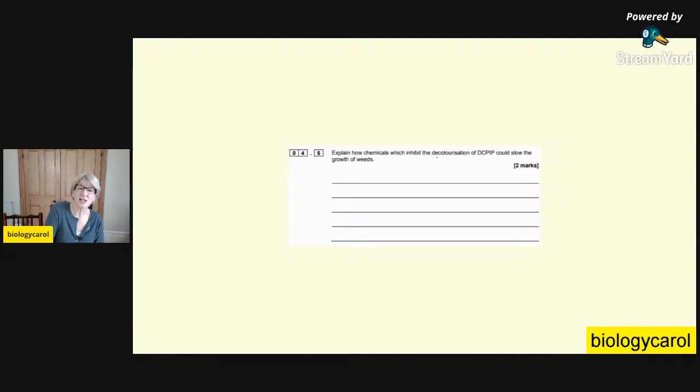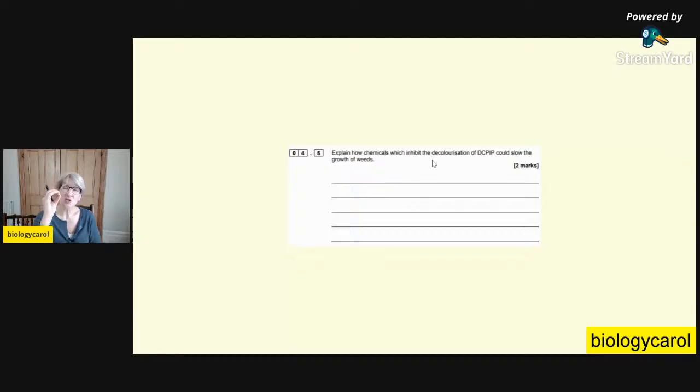Explain how chemicals which inhibit the decolorization of DCPIP could slow the growth of weeds. We need to remember that this is an explain question. It's 2 marks. It isn't just going to be 'it stops photosynthesis and therefore the plant doesn't grow', because that would be linking the 2 things.